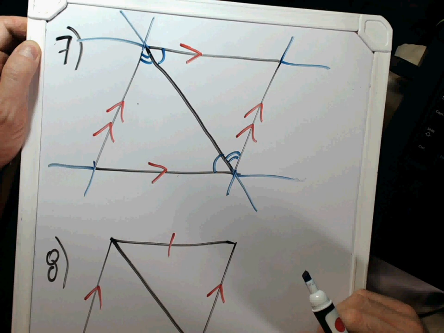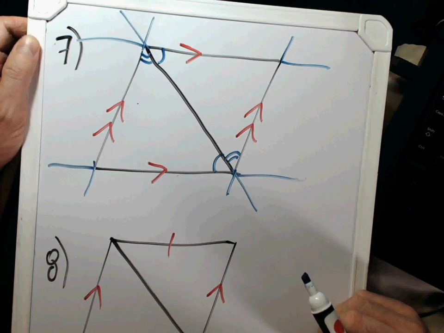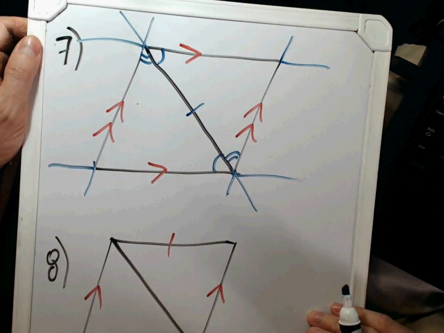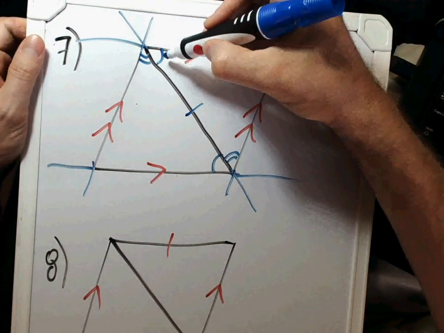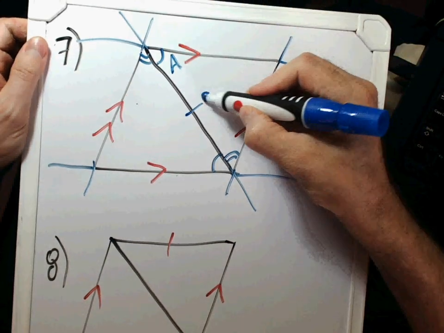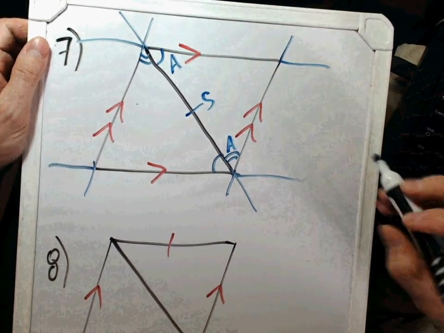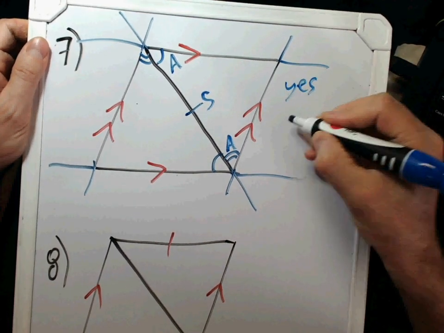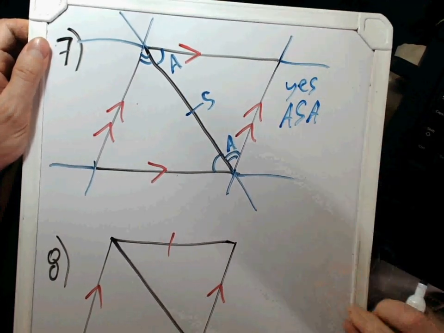See that? Do you see anything else we can mark? Yeah, this is congruent with itself. So let's see what we have. We have angle, side, angle. Is that one we can use? Yes, it is. So this is yes by ASA.